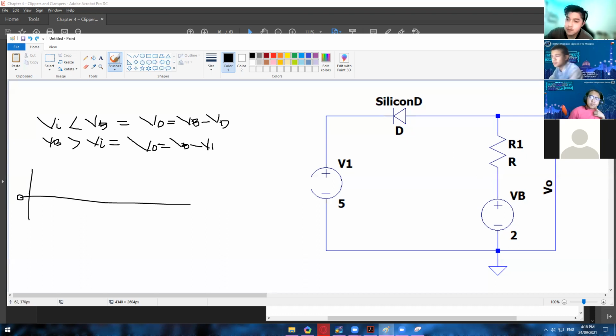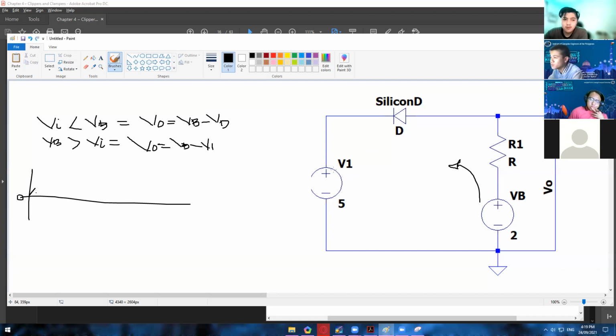But if you take a look at this one, at point 0 and then 1, while VI is less than VB, this will become forward bias by our VB, because our voltage here is pushing from here to there. Right? And this one is like another voltage source. Though for now, we don't know that one yet.